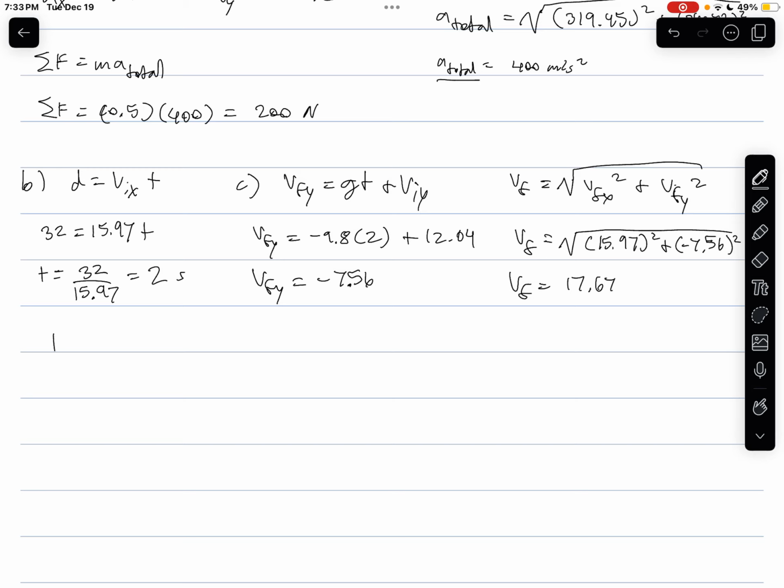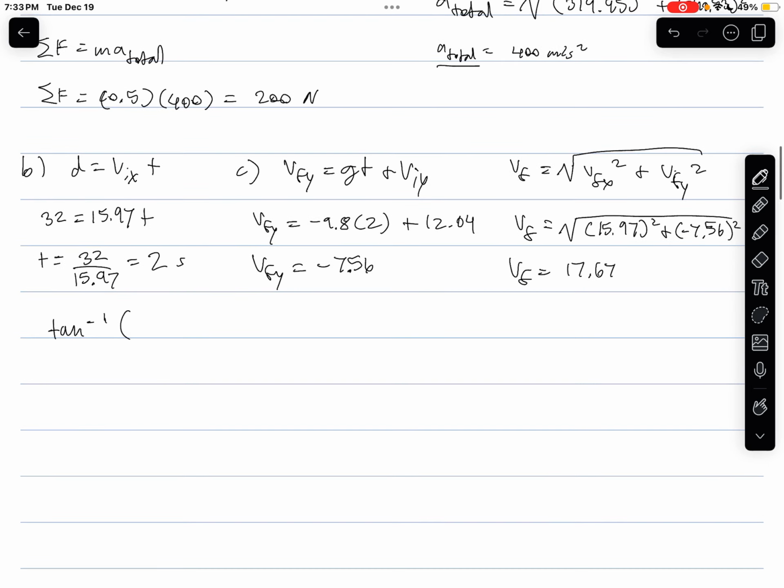But velocity needs direction as well. So to find direction, I have to do inverse tangent of VFY over VFX. I'm going to say below the positive x-axis anyway, so should I use a positive or negative?